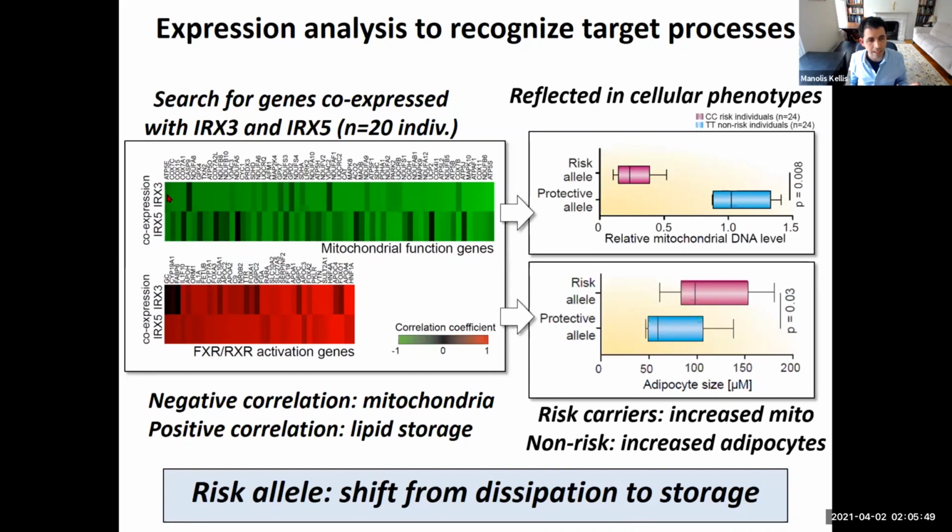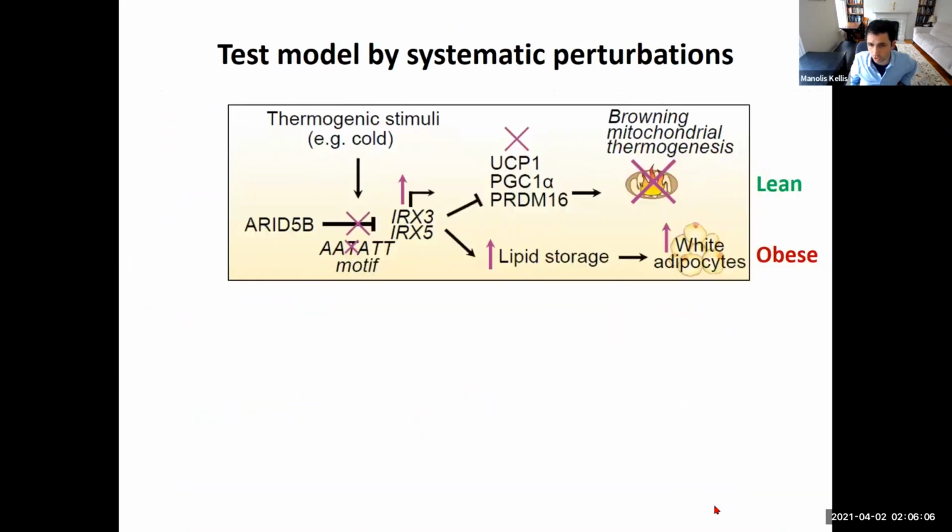And what we found is that IRX3 and IRX5 are negatively correlated with mitochondrial function and positively correlated with lipid metabolism. And indeed, the risk individuals have fewer mitochondria and they have bigger fat cells, suggesting a shift from energy dissipation to energy storage.